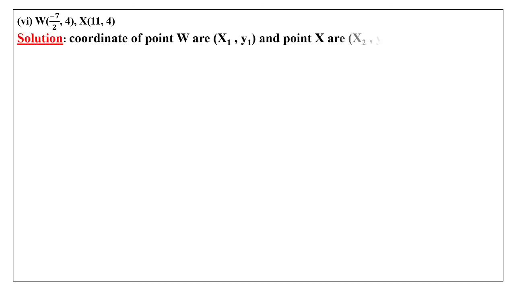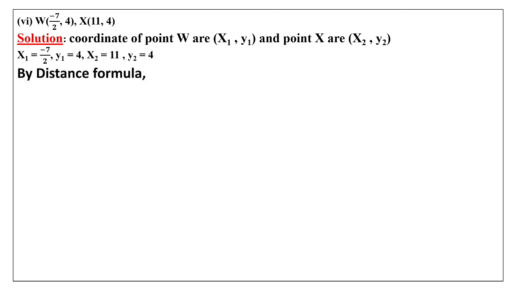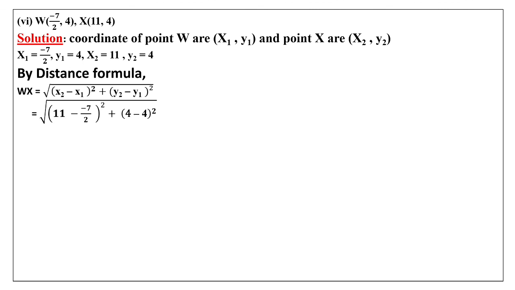Now the sixth one of question number 1. Point W has the coordinates (minus 7 upon 2, 4). X has the coordinates (11, 4). So x1 is minus 7 upon 2, y1 is 4, x2 is 11, y2 is 4. By using the distance formula, x2 minus x1 whole square plus y2 minus y1 whole square. Substitute the values.